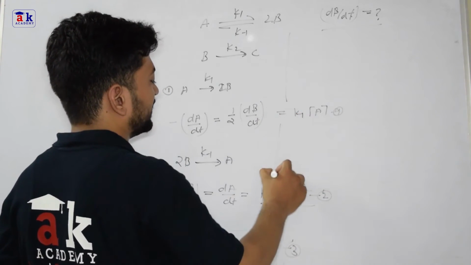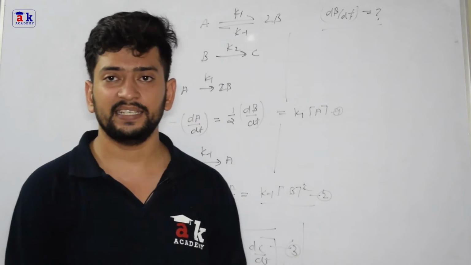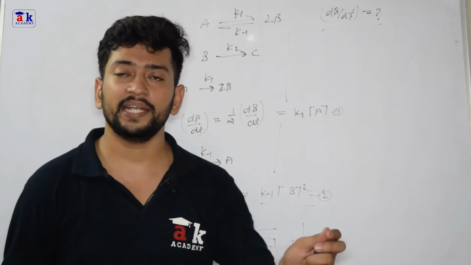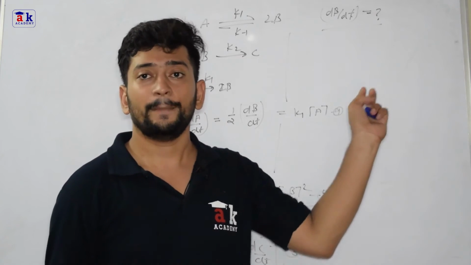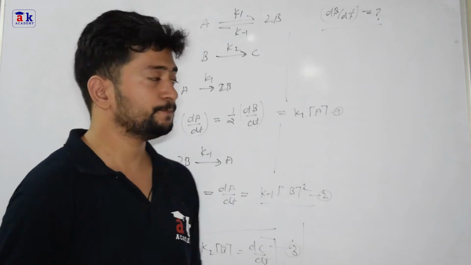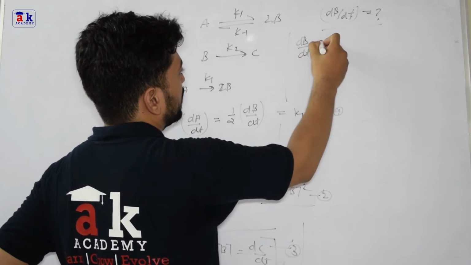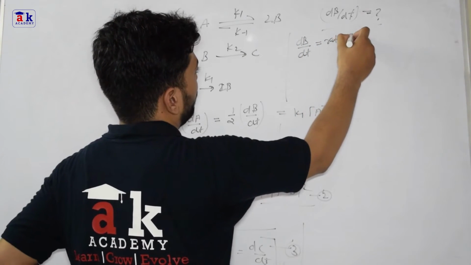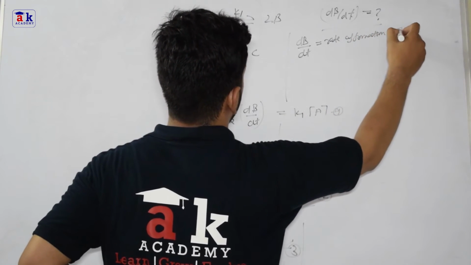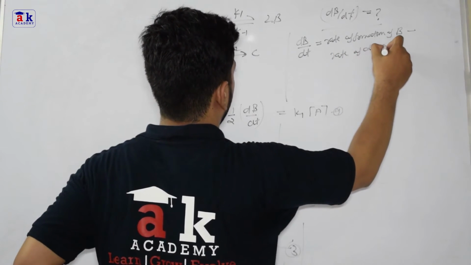So from the first, second and the third, if we have to find out this dB by dt, so what we can say, dB by dt will be equal to rate of formation of B minus rate of decomposition of B. So here we have dB by dt is equal to rate of formation of B minus rate of decomposition of B.